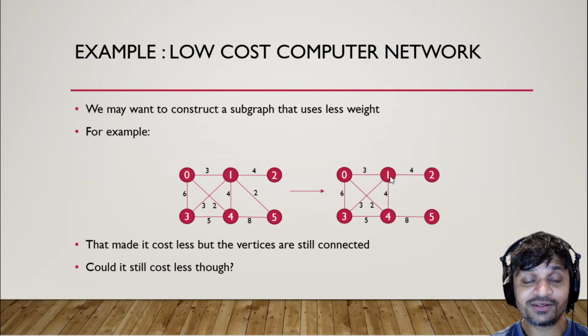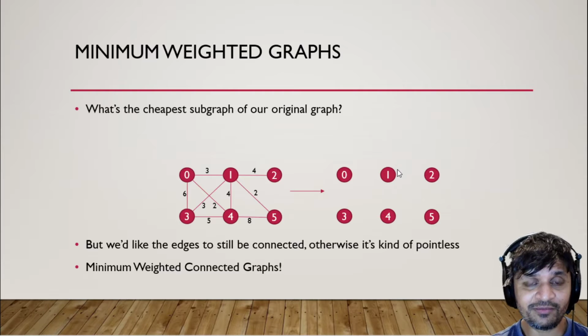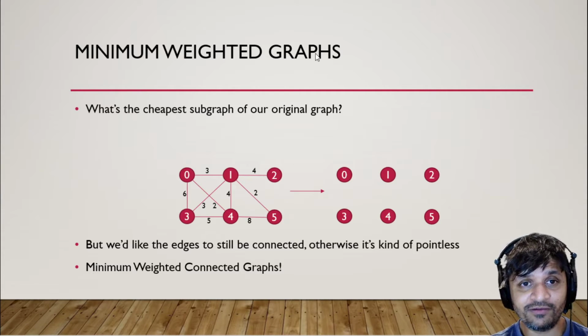But could it cost even less? Well, yes. That brings us to the problem of having a minimum weighted graph. So what's the cheapest subgraph of our original graph? If this is our original graph, this is a subgraph, since it contains only vertices and edges from this graph.